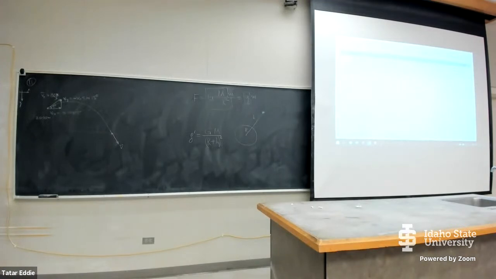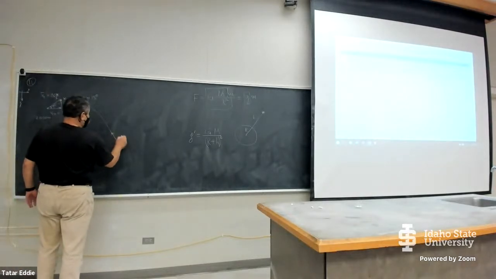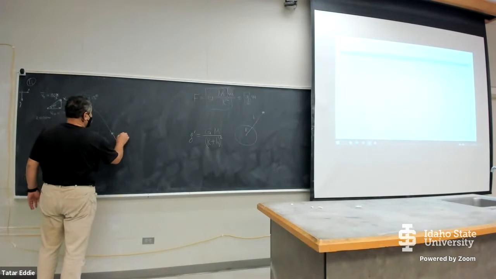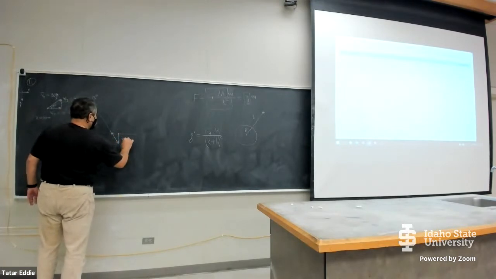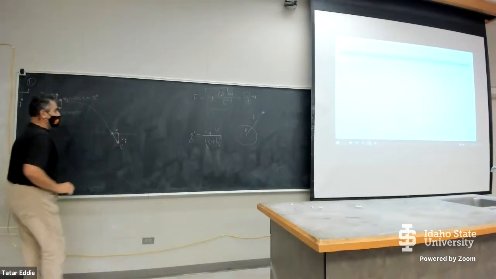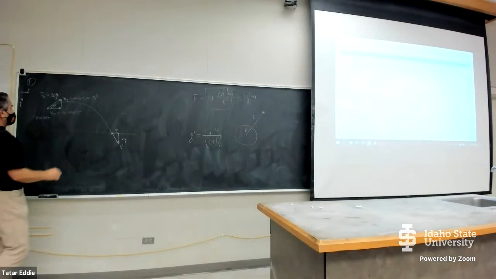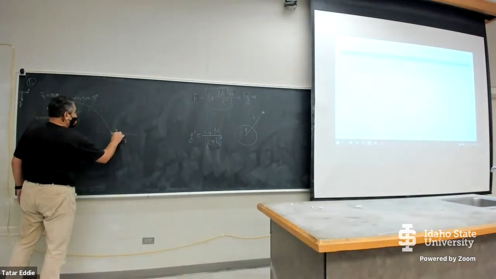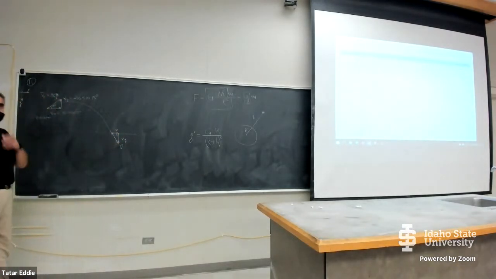And now let's see what we know about the final velocity. In a similar manner, we have to decompose the final velocity. The final velocity is going to be with y component this way and x component this way. Like always, the components are perpendicular to each other.